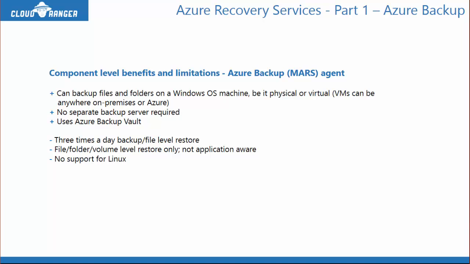For most cases, this is okay with some people, but if you think that you need something like a backup of this folder every hour, well, this agent is not the way to go. You probably need to install the Azure Backup Server, which will allow you to back up more than these intervals, right? So this is a very basic case scenario. The other thing is that it can only do a file, folder, or volume level restore. It's not going to do any application level.